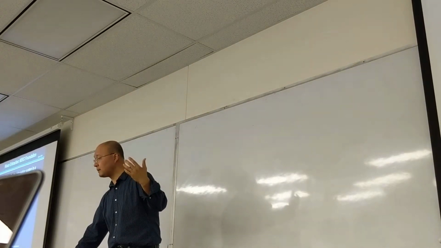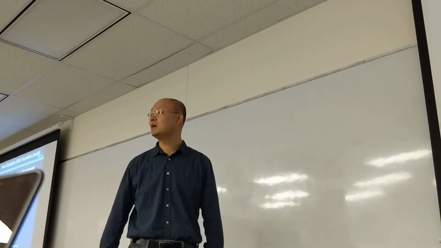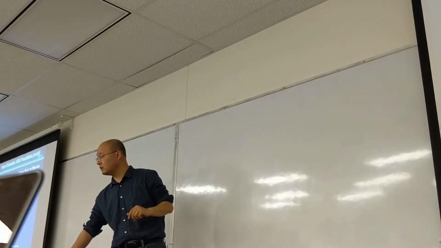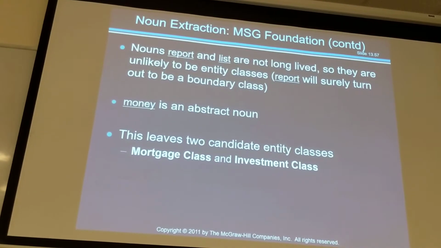Then we can use the same approach, like noun extraction, to say what are the candidate classes we have. You can see that in the same elevator, the MSG Foundation information system, we use the same approach of noun extraction to identify the candidate classes. Then we decide whether some information needs to be kept or not.